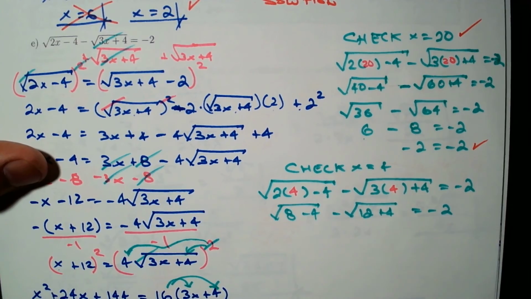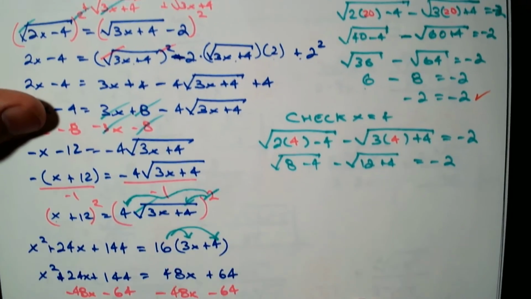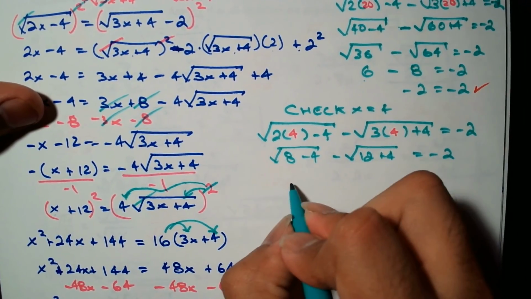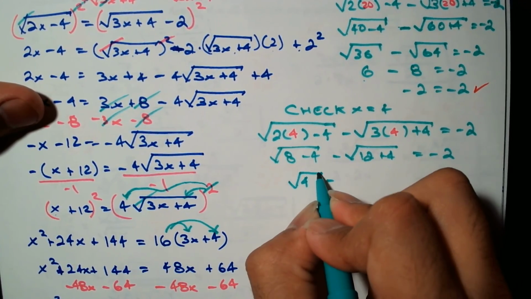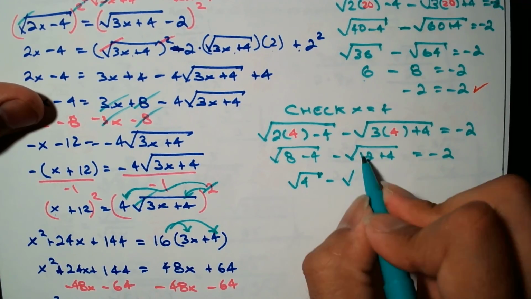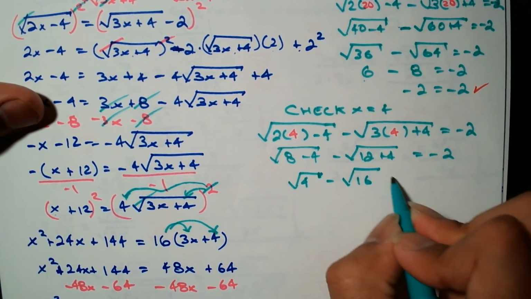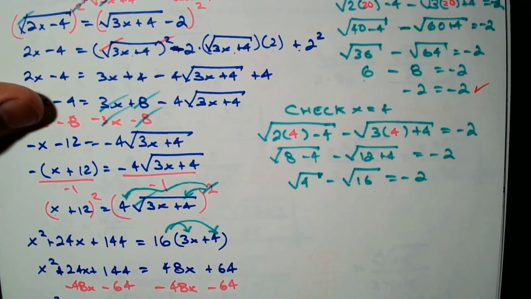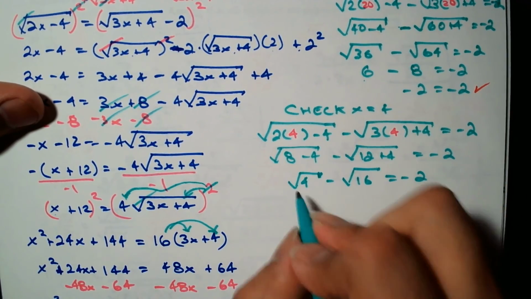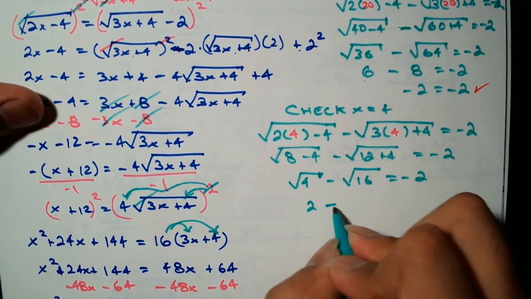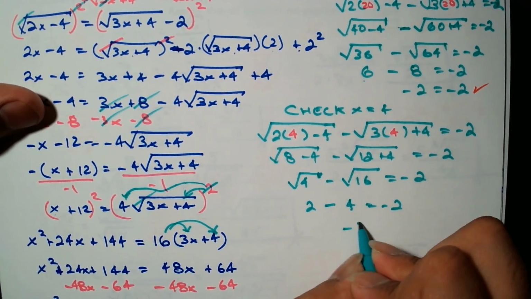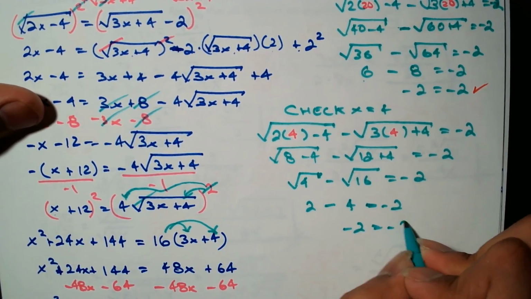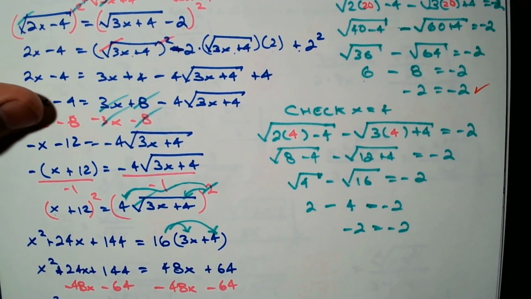So 8 minus 4 is 4, minus 12 plus 4, that's 16. Both are perfect squares. The square root of 4 is 2, minus the square root of 16, which is 4. And 2 minus 4 is negative 2, which equals negative 2. So this also checks.